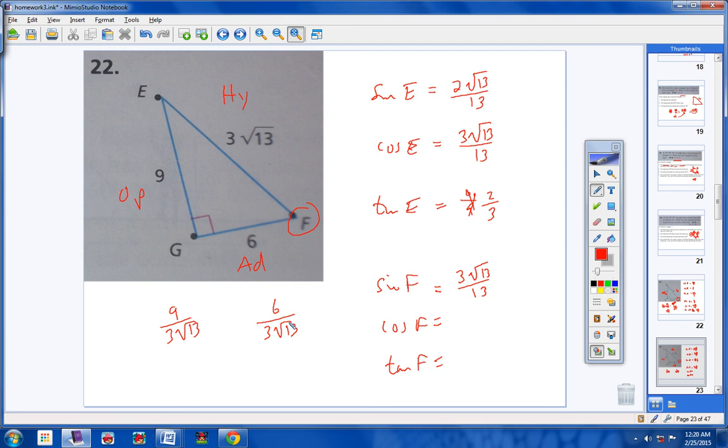In other words, if you'll look back in your notes, we've already rationalized this exact fraction, and here's what we got: 2 square root of 13 over 13. Okay, if you multiply the top and the bottom by the square root of 13, that is what you will get. Okay? All right, and now tangent would be opposite over adjacent, 9 over 6, or 3 halves. All right, moving on to number 23.